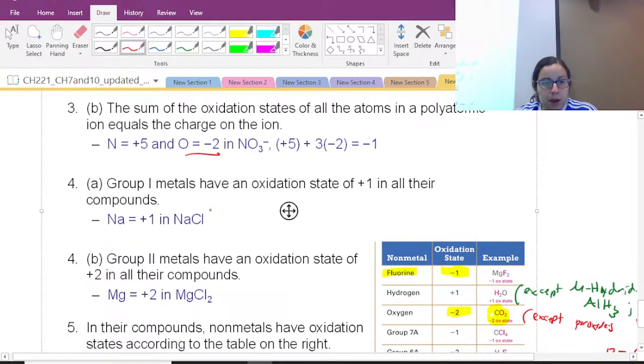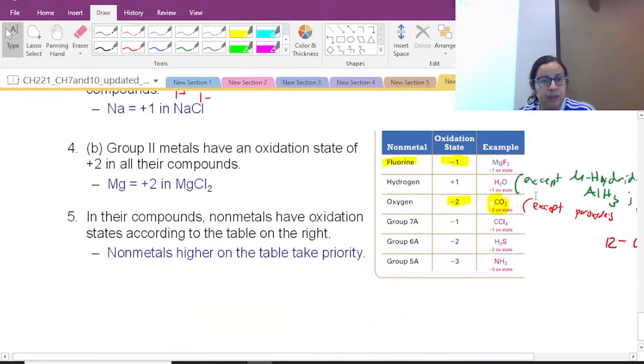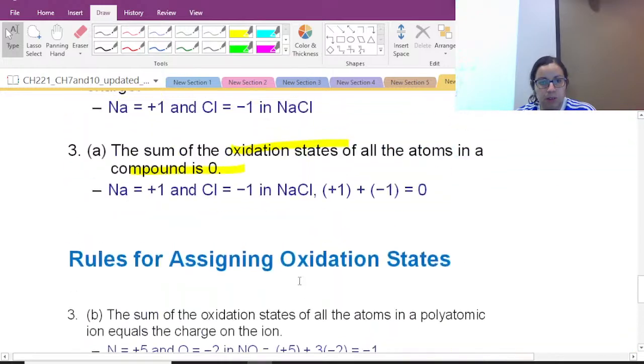Sodium chloride is about what you would expect: 1+ for sodium, 1- for chloride. Group 2 is what we expect, so they should all be in the 2+ oxidation state, with chloride 1-. Nonmetals higher on the table take priority, so that can help guide you.